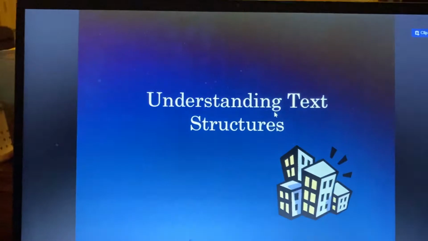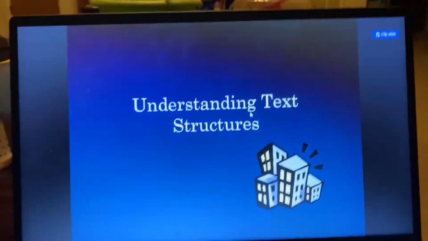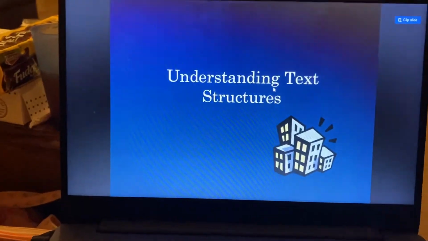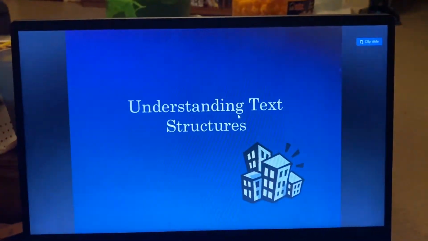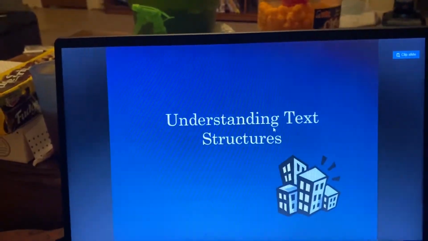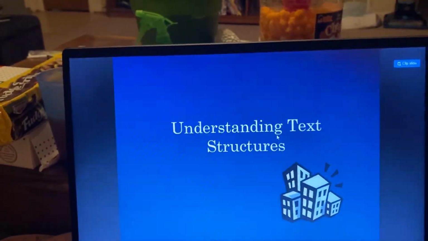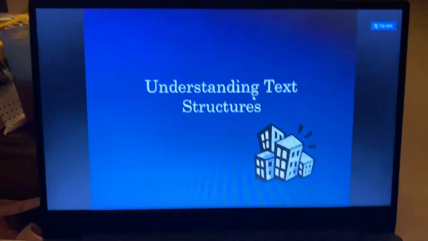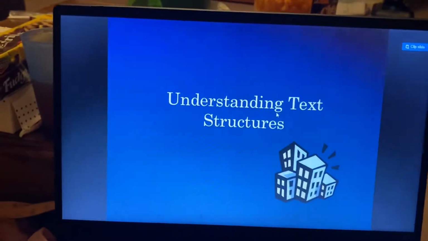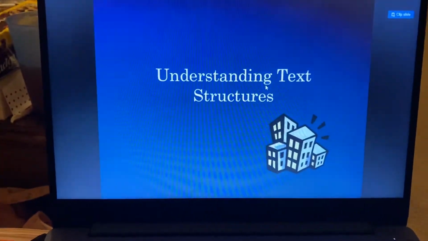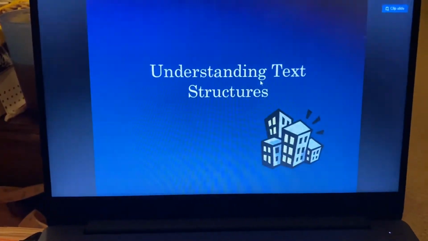We'll also have one on cause and effect. We'll have one about problems and solutions. And we'll have one on descriptions. So there's five different lessons. But the first one we're going to do this morning is chronological order. We can also call that sequencing. So let's go ahead and get started.